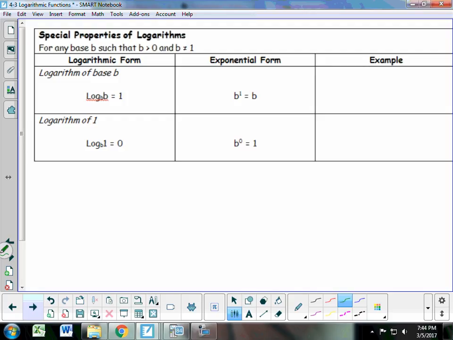So an example might be log base 3 of 3. Well, that means this 3 raised to some power must equal this 3. And the answer to that is 1. So whenever the base and the stuff inside the parentheses is the same, the answer is always going to be 1. Okay. Another one is if we have a logarithm of 1.